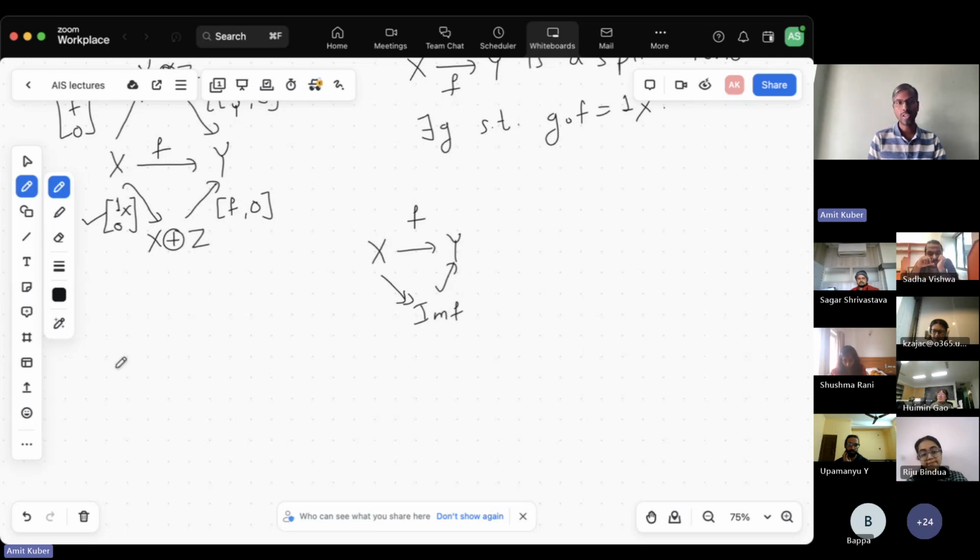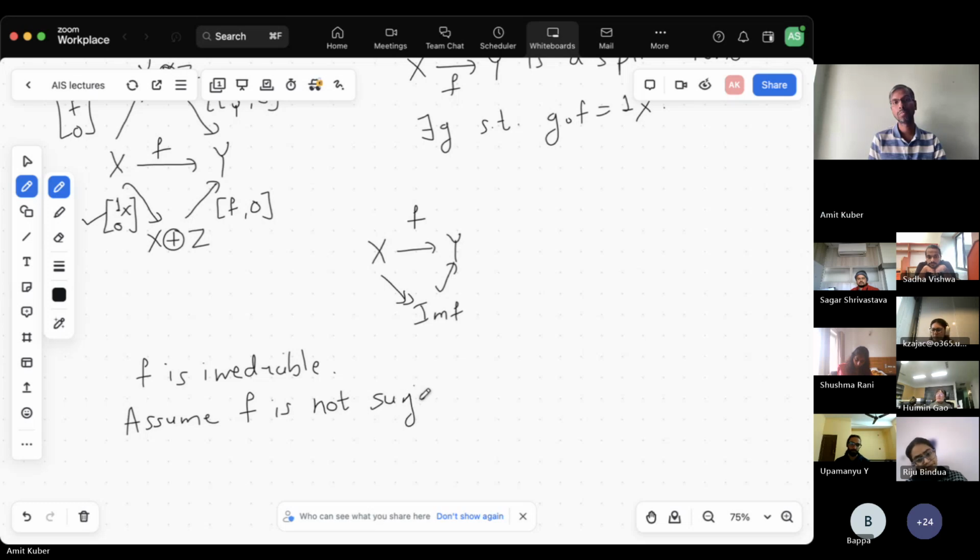Now assume f is irreducible. Assume that f is not surjective. Now this is G and this is H. Suppose f is not surjective.